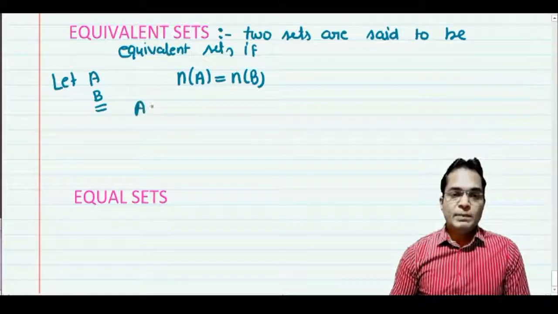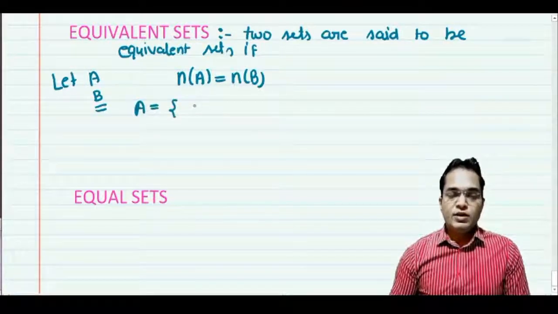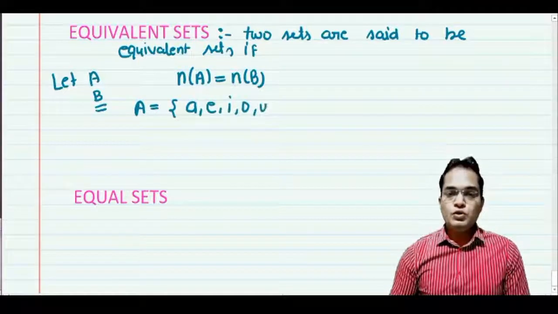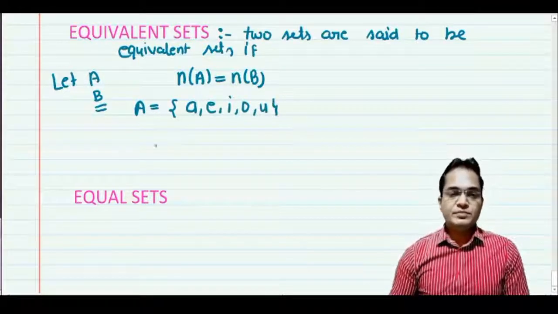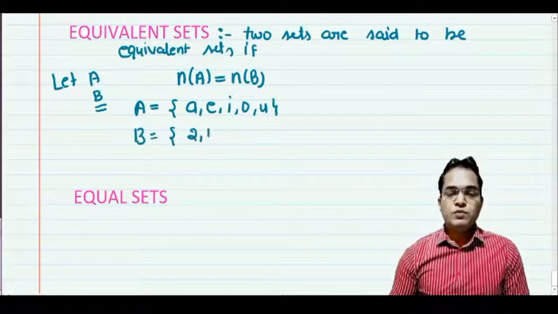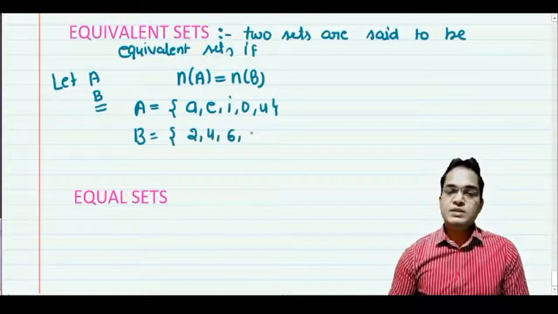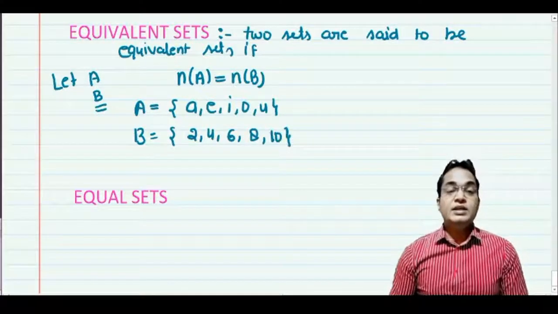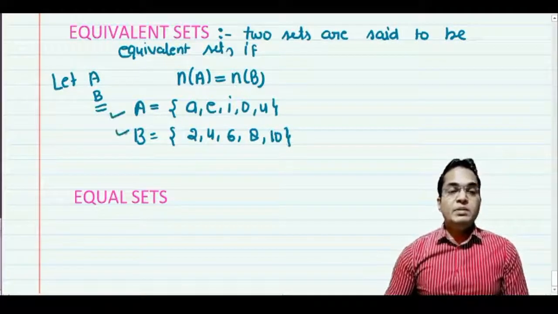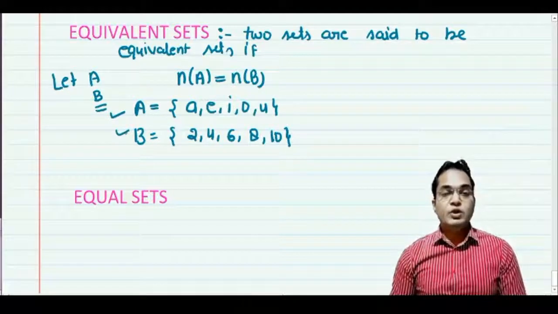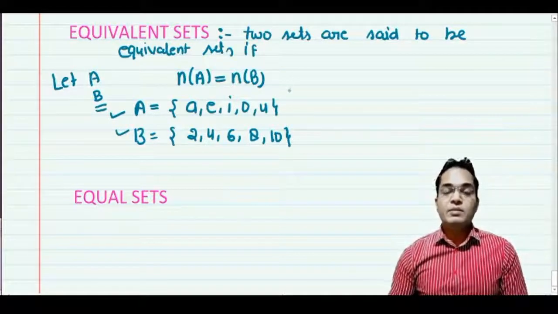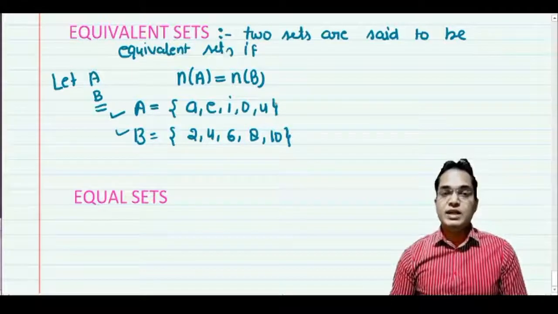Let capital A be the set of a, e, i, o, u, and capital B be the set 2, 4, 6, 8, 10. These two sets A and B are said to be equivalent sets because their cardinal numbers, meaning number of elements, are equal.